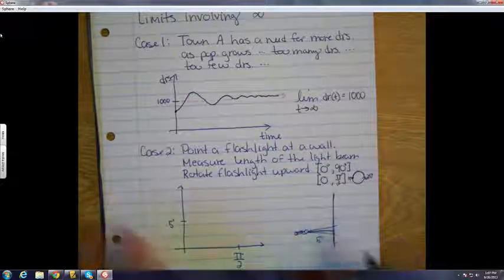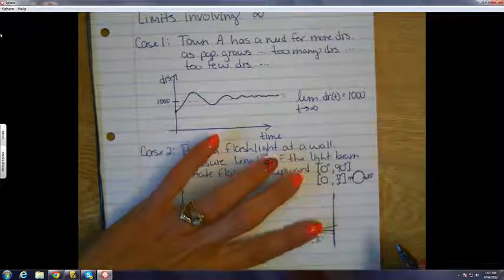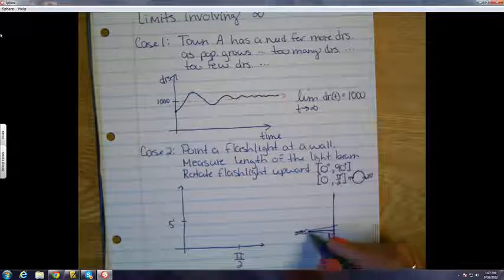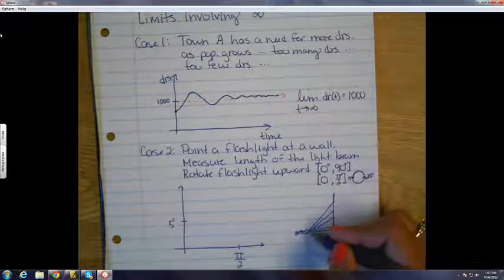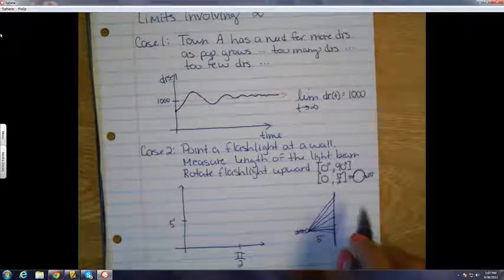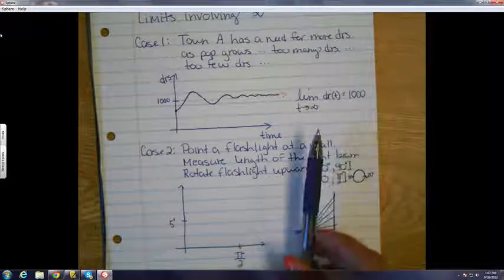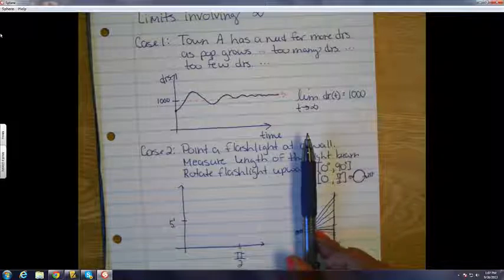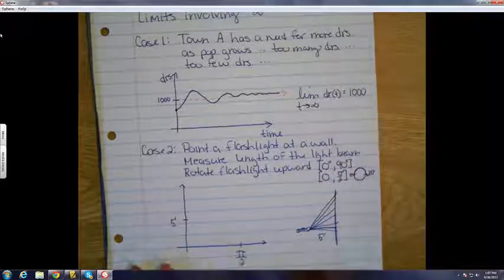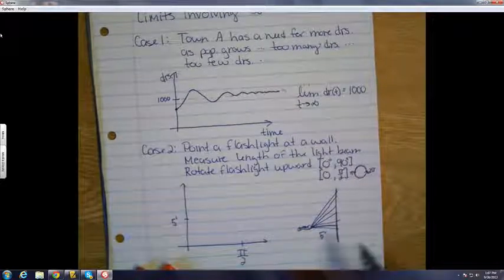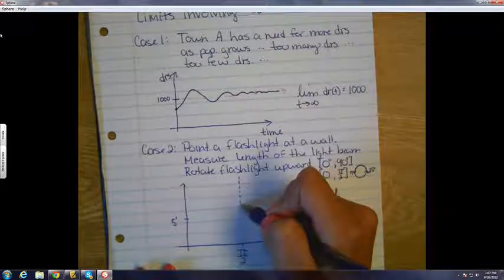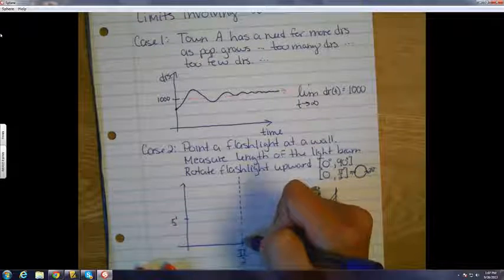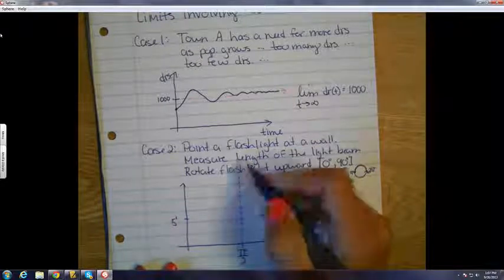Now we're going to rotate that flashlight up, and as I rotate it up, the beam of light is going to get longer and longer until my flashlight is pointed directly parallel to the wall, which is at that pi over 2 angle. So if you think about it, when I get to pi over 2, if I had a strong enough flashlight, that beam of light would go up forever.